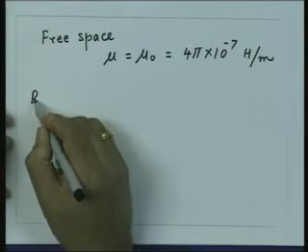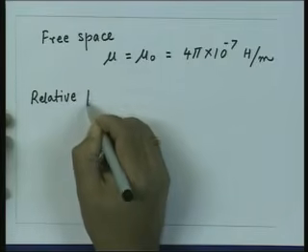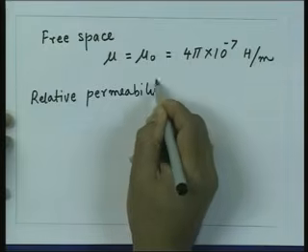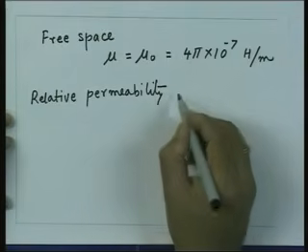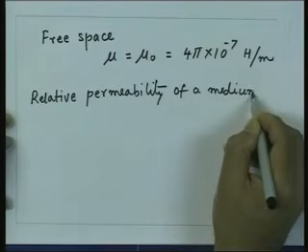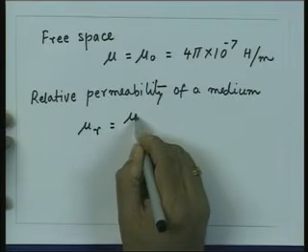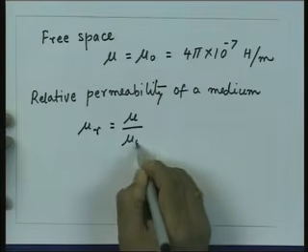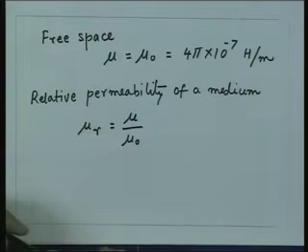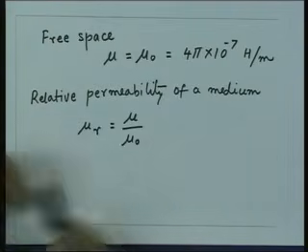So, we have a parameter, the relative permeability of a medium, which is the medium parameter, that is mu r is equal to mu divided by mu 0. If you take a magnetic material, a typical value of mu r may range around 10 or even sometimes 100.